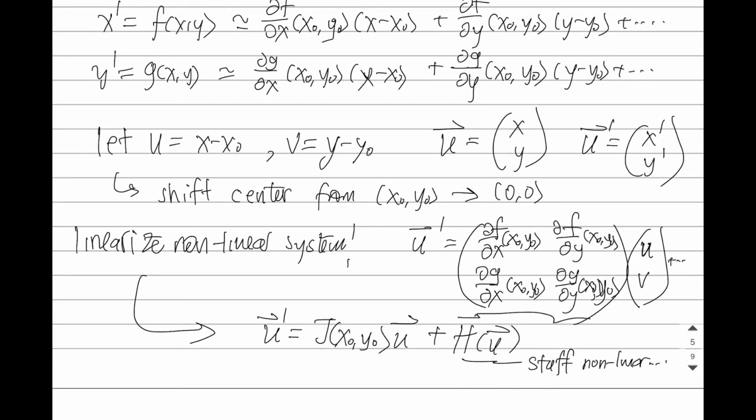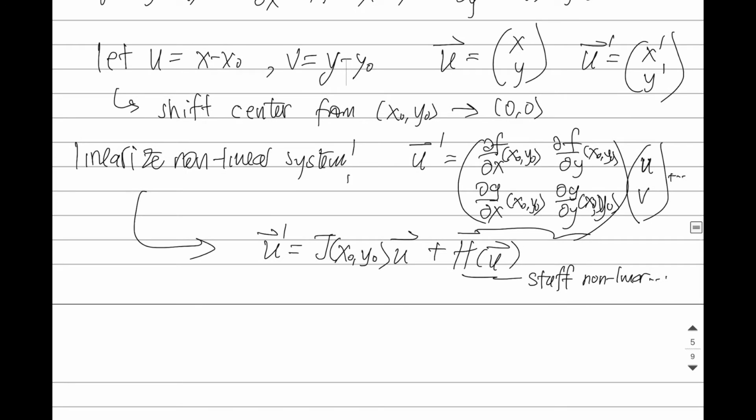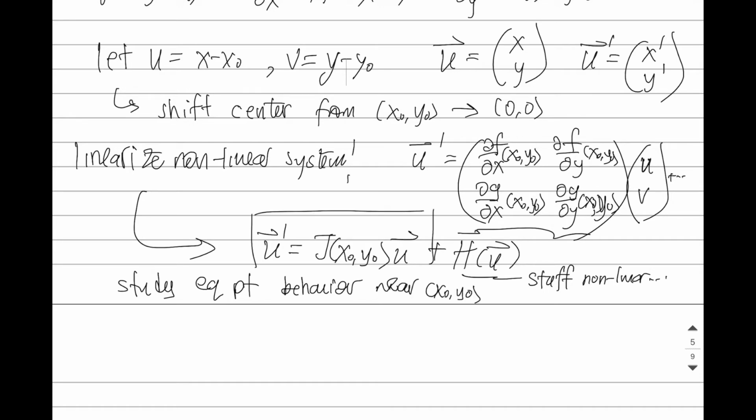Once we have this technique, we can study the equilibrium point behavior near this x naught and y naught just by taking these terms. So this is a technique that is useful.